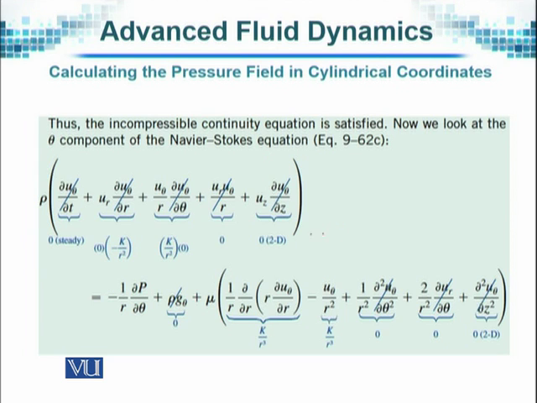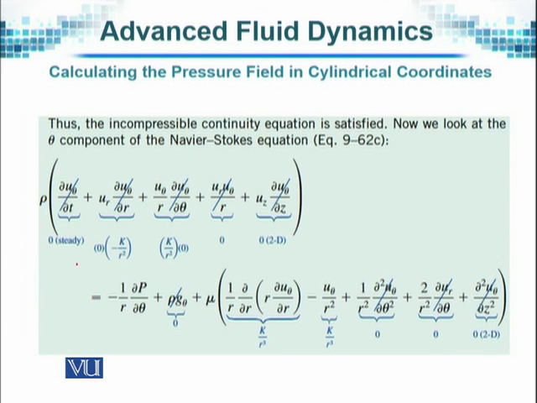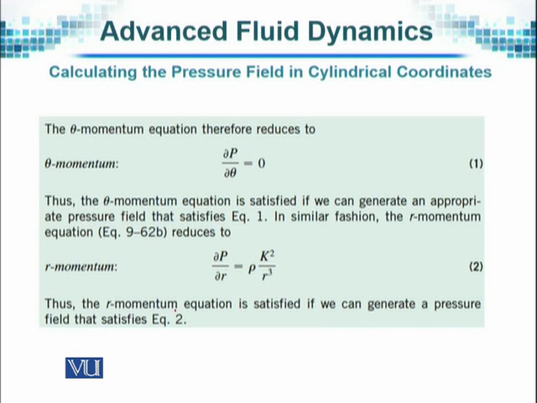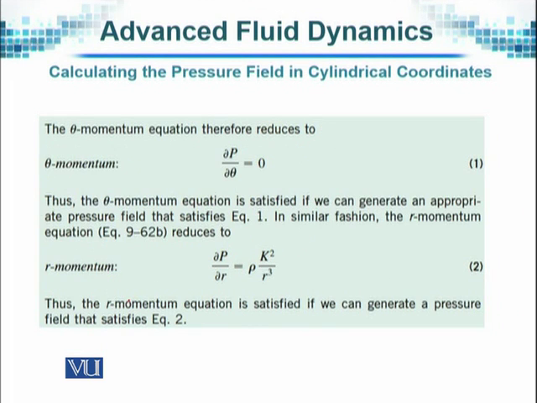So these are the values that we obtain, and the equation reduces to, it does not give us anything really, all the terms are 0. So we then come to the theta component, and the only term that is non-zero is this. We will have minus 1 over r dp by d theta equal to 0, and if I multiply throughout by r, I will obtain dp by d theta equal to 0.